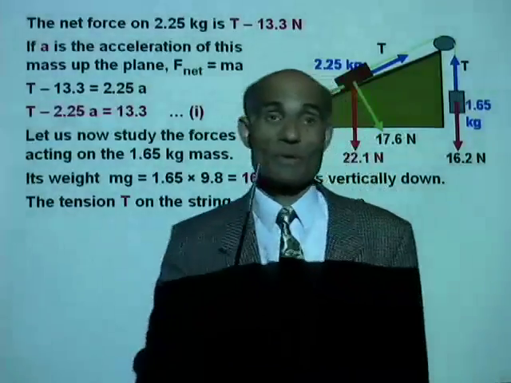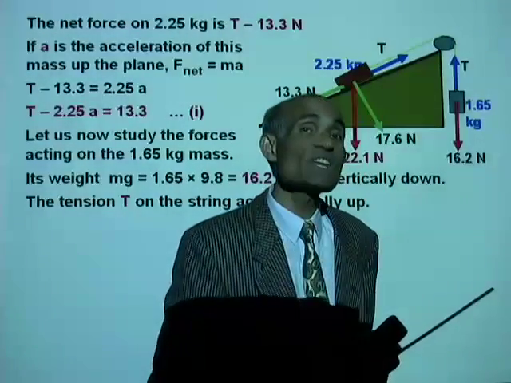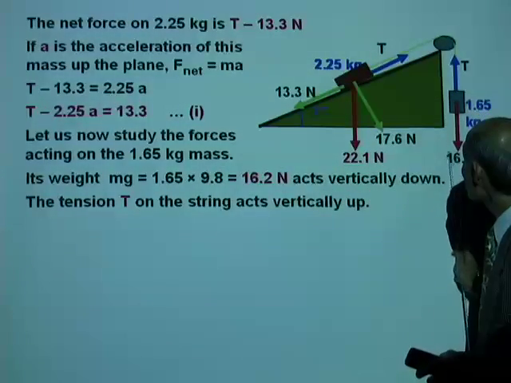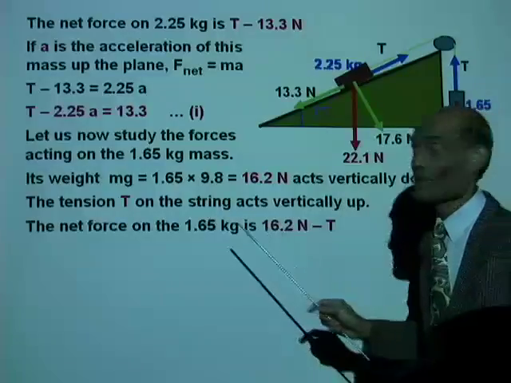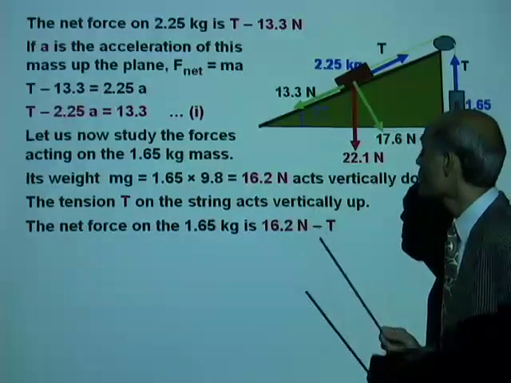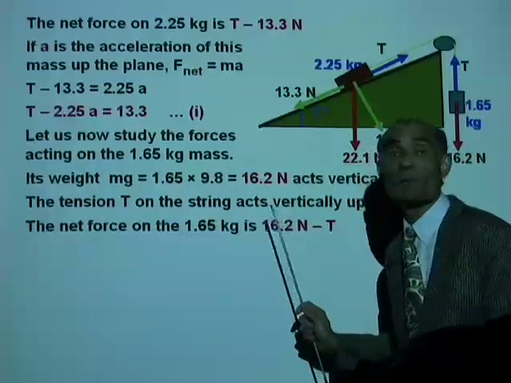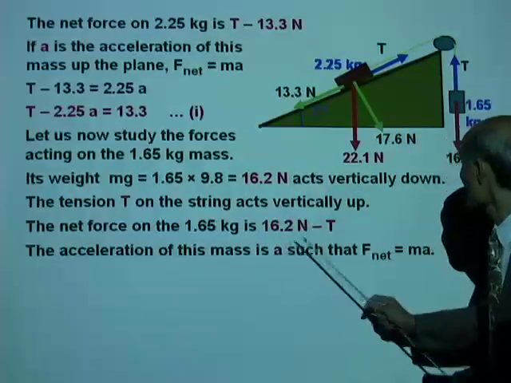And now, the mass is falling, which means what is the net force on that mass? The net force will be 16.2 minus T. So the net force is 16.2 Newton minus T, and this net force must be equal to mass times acceleration.